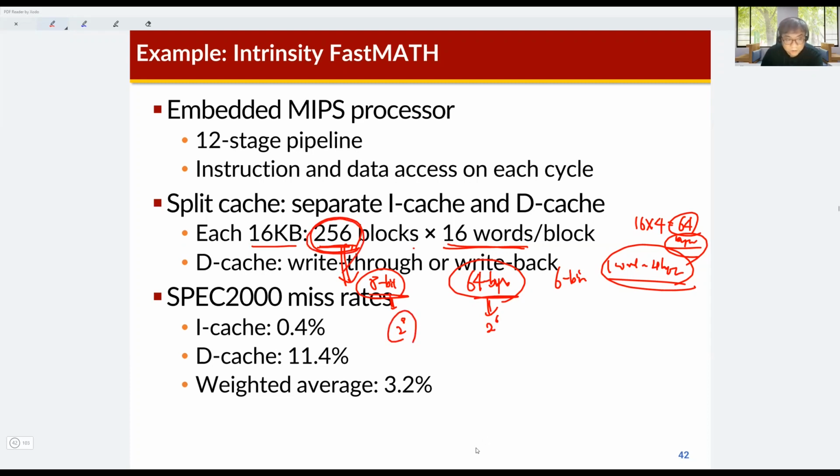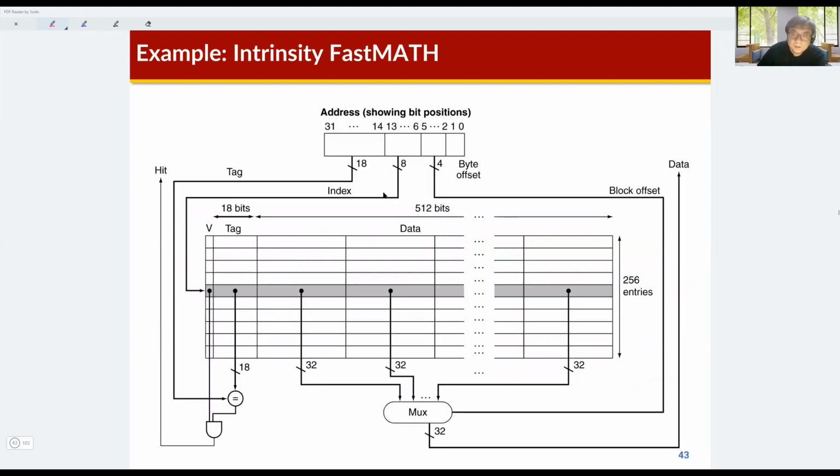So how can we assign the index, tag, and block offset for this cache? The block offset is 6 bits, the index field is 8 bits, and the remaining bits are used as the tag. This is the organization of this cache, and this is the address field.